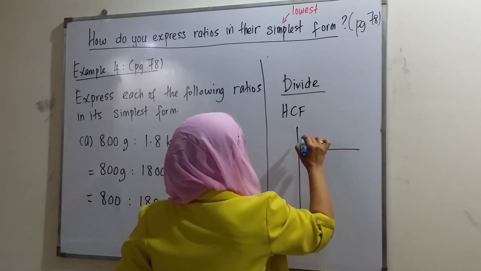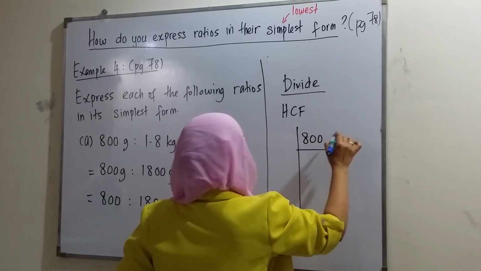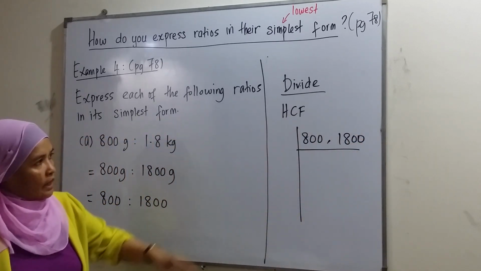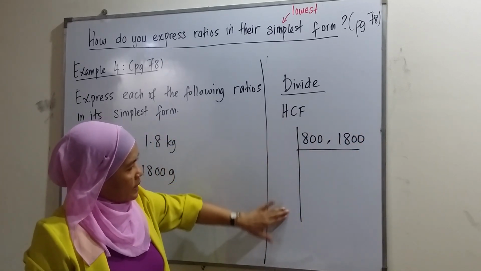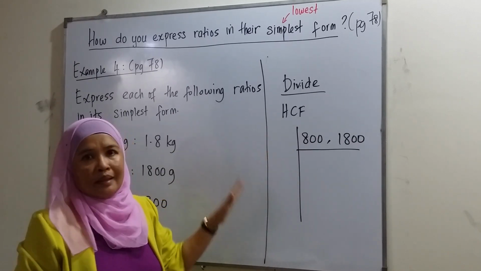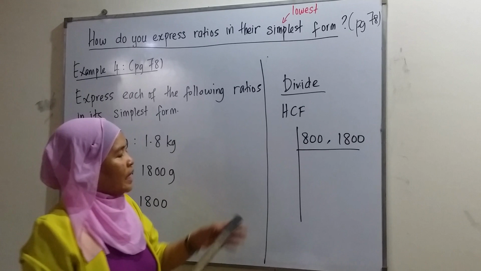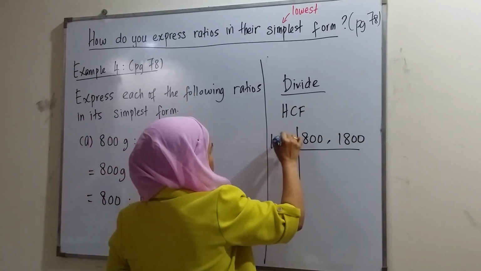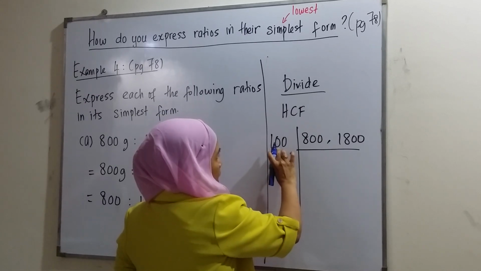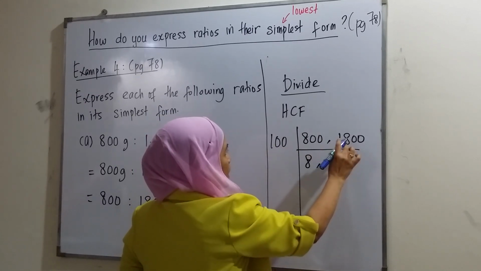Okay, 800 and 1800. Actually this number should be divided by a prime number, but in this case we can divide here with 100. So 800 divided by 100 is 8. This one 18.